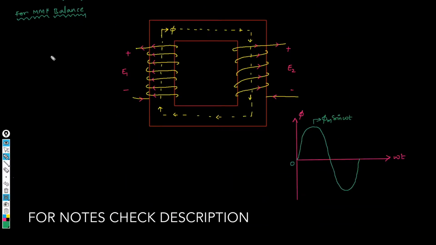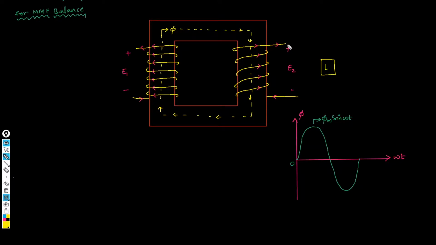Let's talk about the MMF balance in a transformer. This is the ideal transformer we have considered earlier, and even polarity has been indicated as I explained in the earlier part of this video. Now let us assume some load has been connected here, with a switch in between.